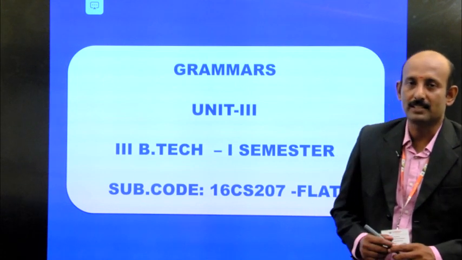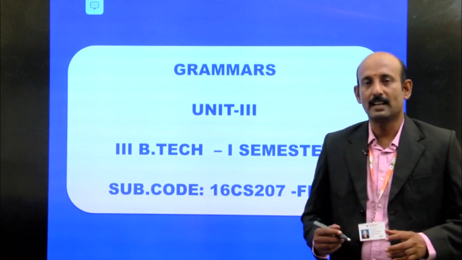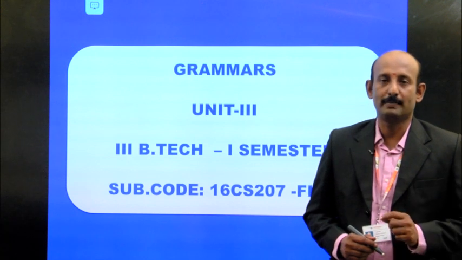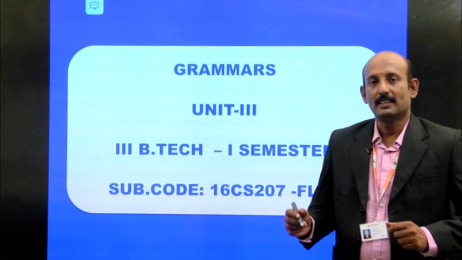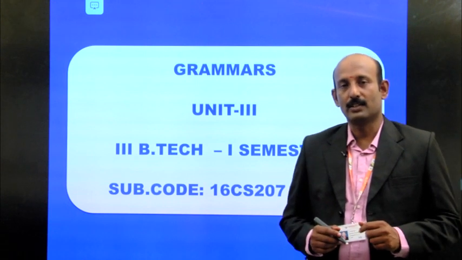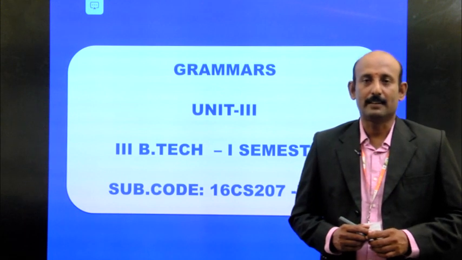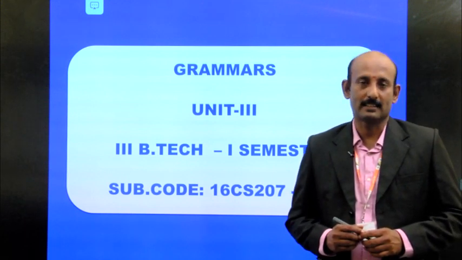In previous sessions we have seen the regular grammars. In a regular grammar, the right hand side of the production has at most one non-terminal symbol. Regular grammar is also categorized as linear grammar, that means right linear grammar and left linear grammar.